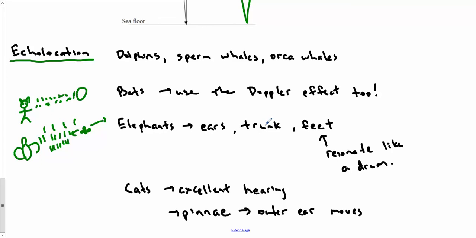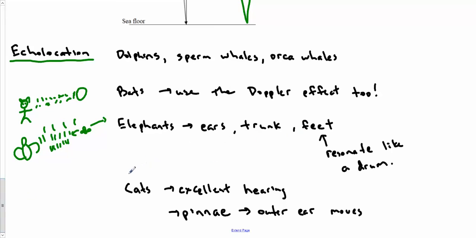They put their trunk on the ground and they can hear the vibrations of their fellow animals, and they use their feet also to pick up sounds in the ground, and it's found by scientists that their feet actually resonate like a drum. When they have their foot on the ground and the proper vibration hits their feet, they can resonate from it, and that tells them the location of different friends or foe around them.